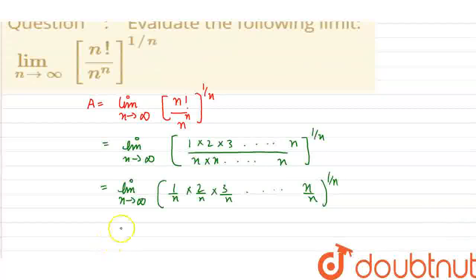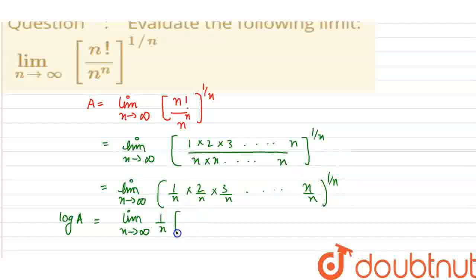So now if we take log on both sides, here it becomes log of a, and the limit remains as it is, n tends to infinity. And 1 by n comes outside because this is the power 1 by n, right?